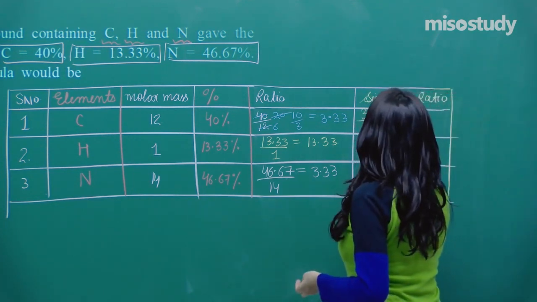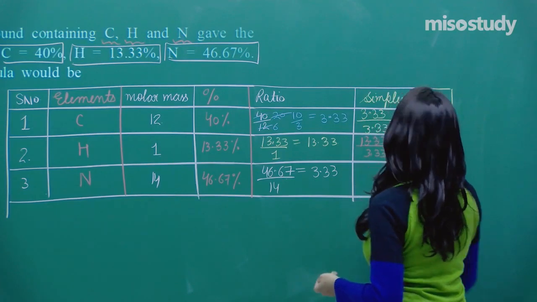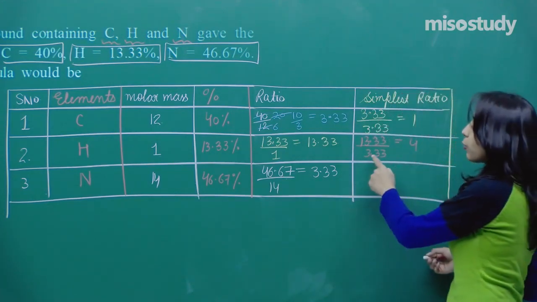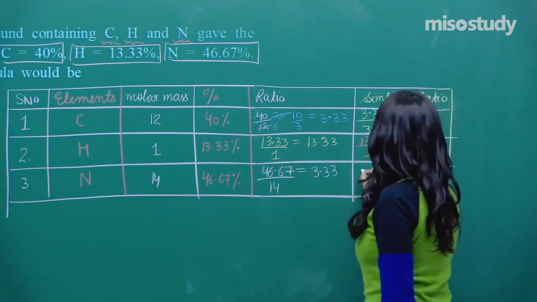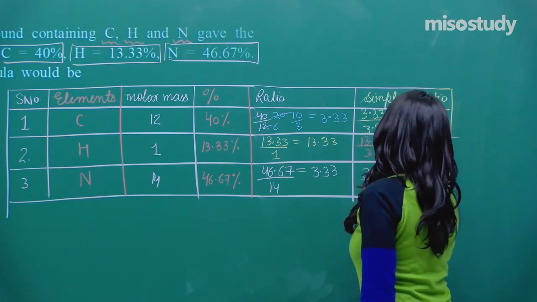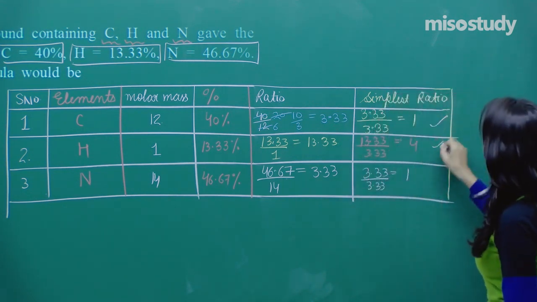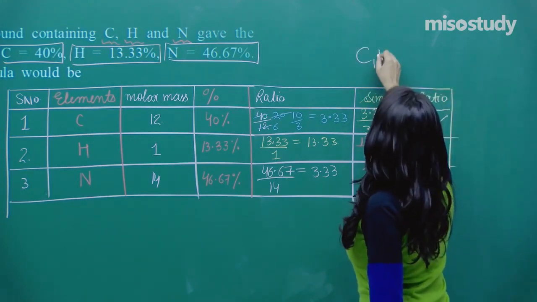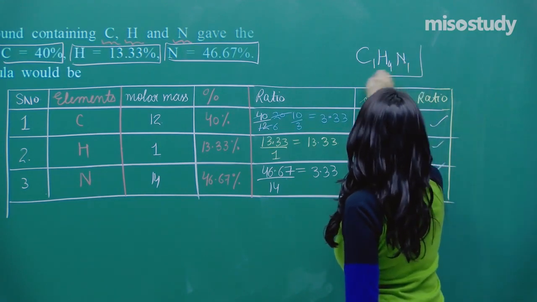Now 13.33 divided by 3.33 is approximately 4, because 3 4s are 12. And again 3.33 divided by 3.33 is 1. So I got the simplest ratio, right? So we should have carbon 1, hydrogen 4 and nitrogen 1.